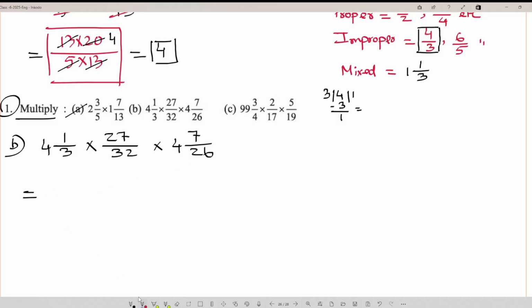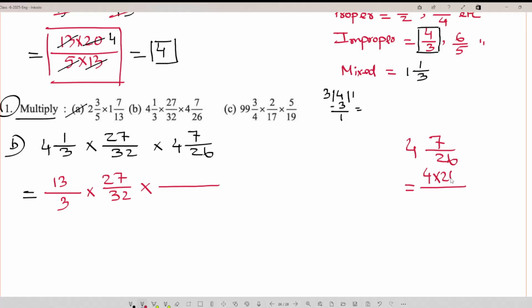So now we can write directly 3 times 4 is 12, 12 plus 1 is 13, divided by 3, times 27 divided by 32, it will be unchanged, and here is 26 times 4. Look, here is 4 7 by 26. This one is 4 times 26 plus 7, divided by the denominator, which is 26.